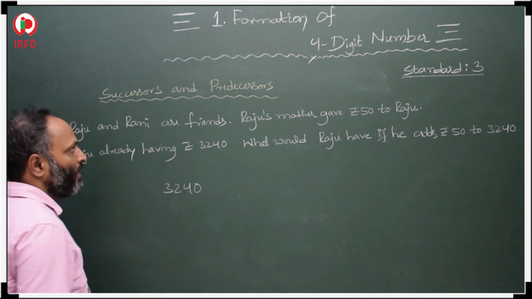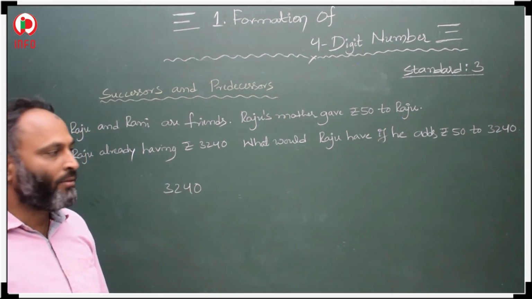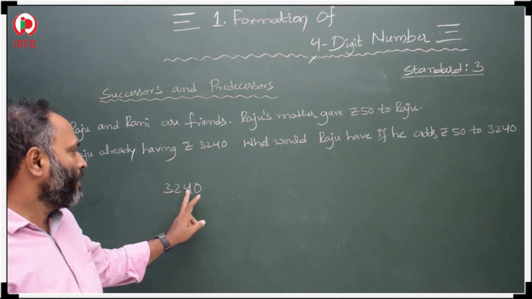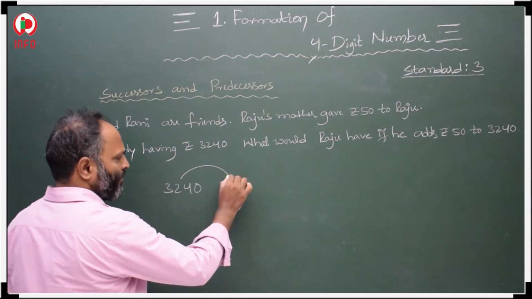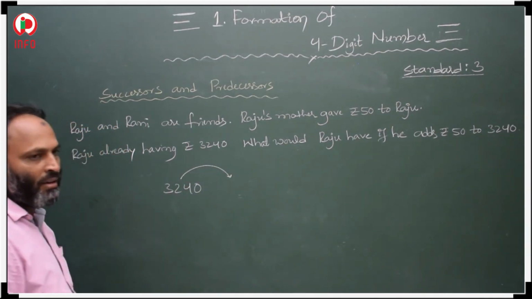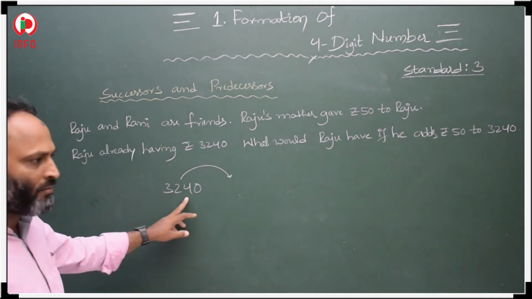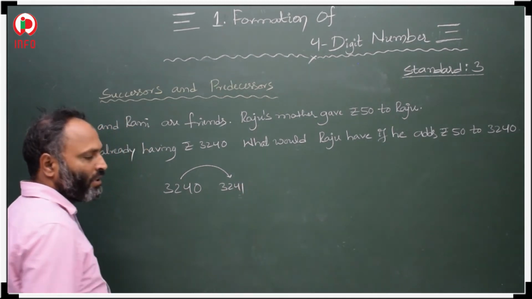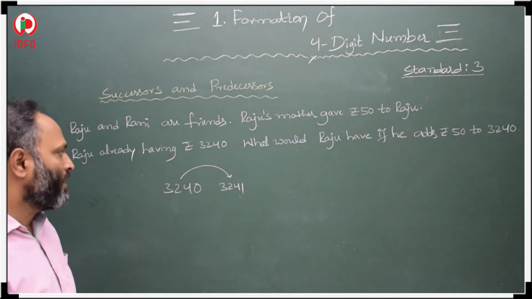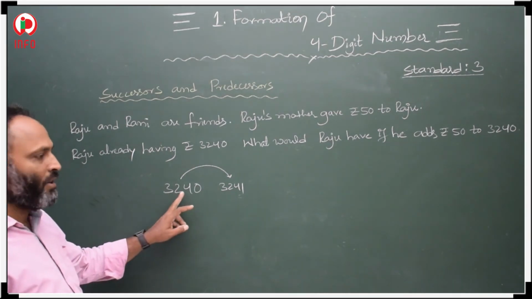First I want to explain the successor and predecessor of 3,240. Successor means the very next number. After 40, 41 will come, that is 3,241. This is the successor of 3,240.